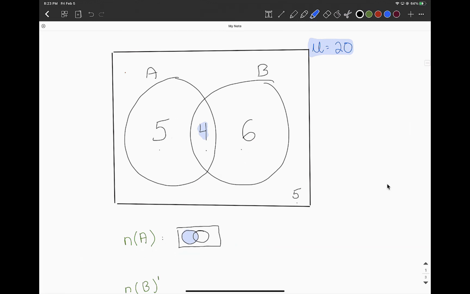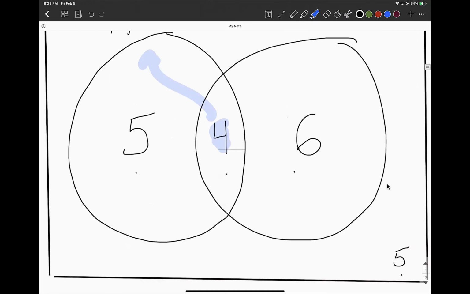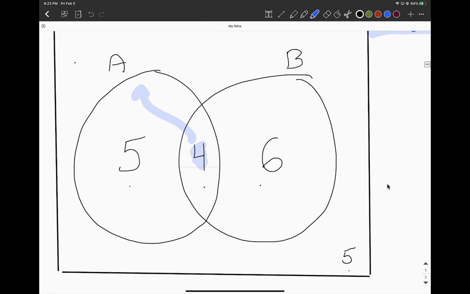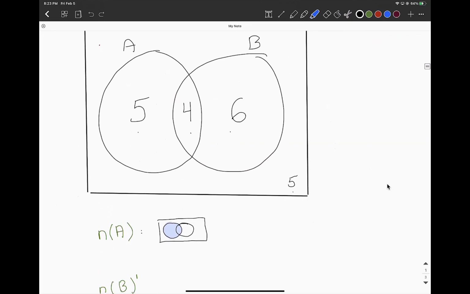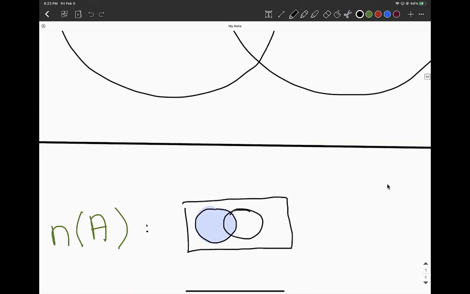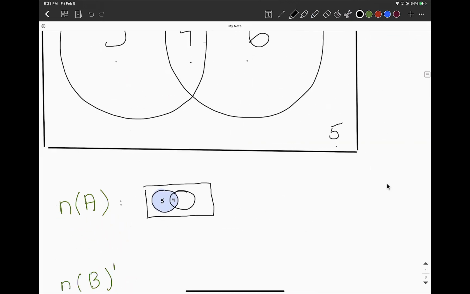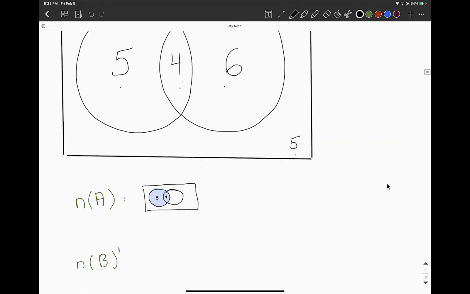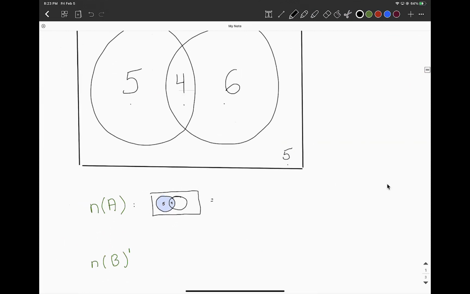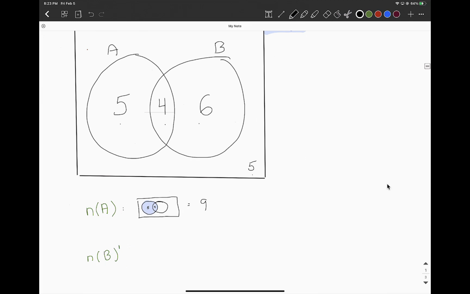Those 4 people are definitely a part of A. Just because they're part of something else doesn't mean they're not in A, and we want to include them. So this adds up to 5 plus 4. We're not adding the same stuff twice, just taking a natural total. That's how many things are in A.